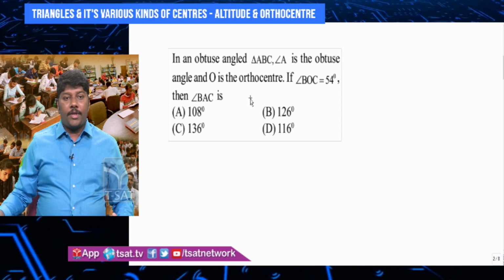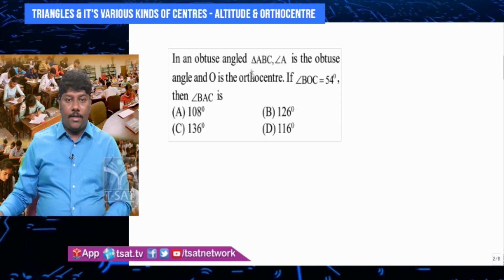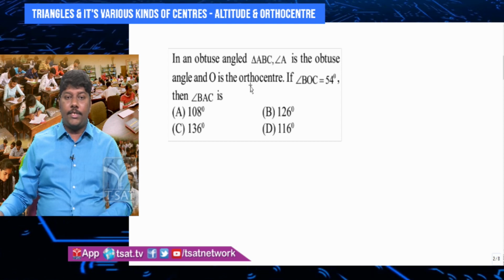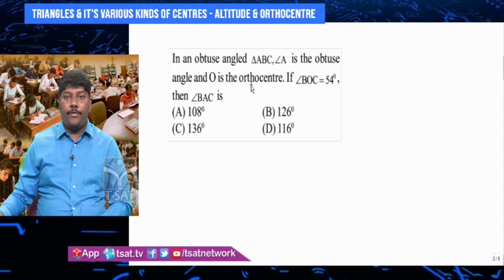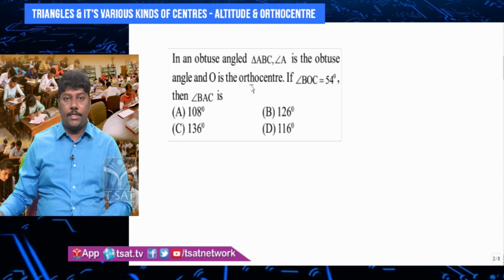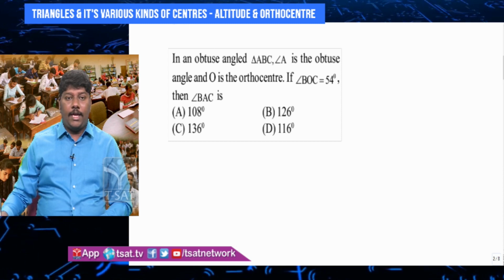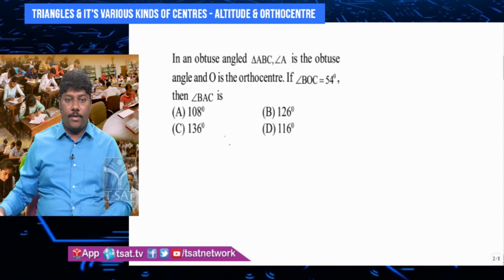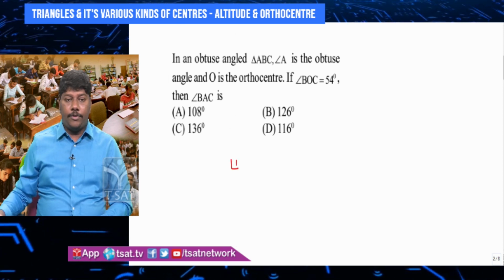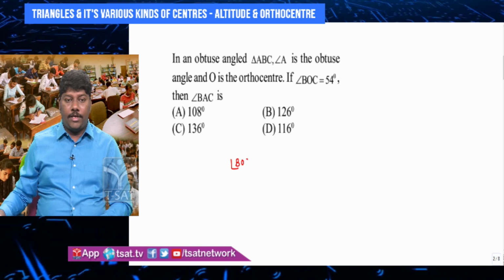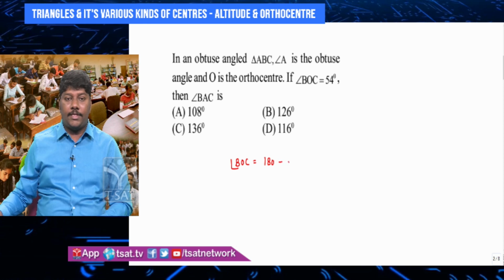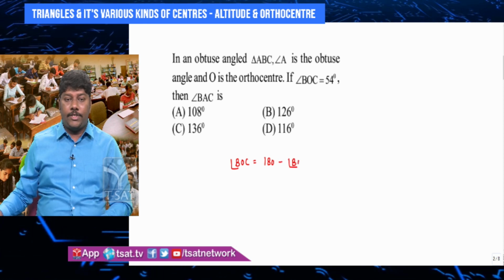Look at this question. In an obtuse angle triangle ABC, angle A is an obtuse angle and O is the orthocenter. If angle BOC is equal to 54 degrees, then angle BAC? The angle formed at the orthocenter, that is BOC, whether it is acute or obtuse, angle BOC is equal to 180 minus angle A, or else you can say 180 minus angle BAC, and vice versa.